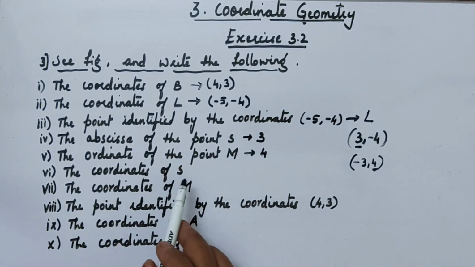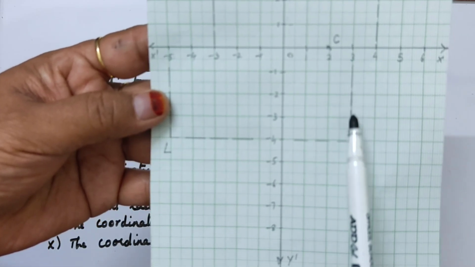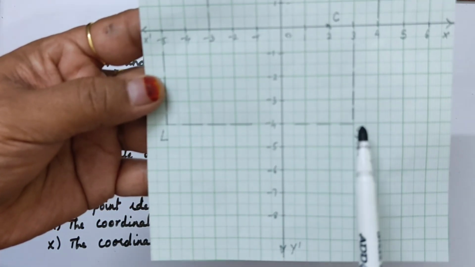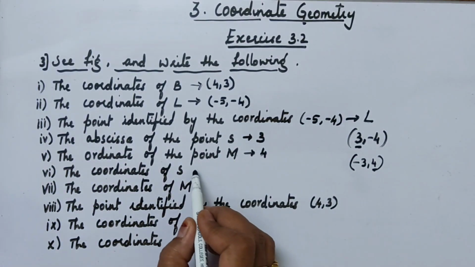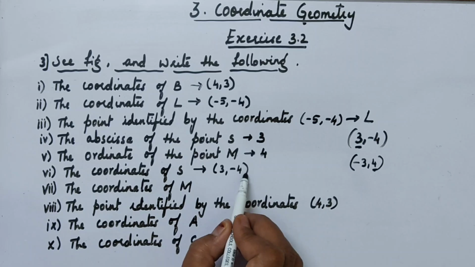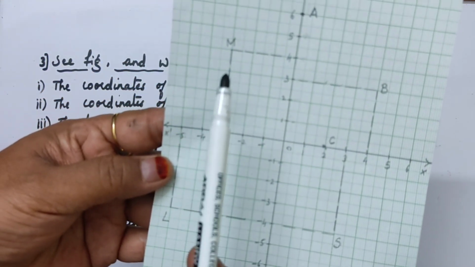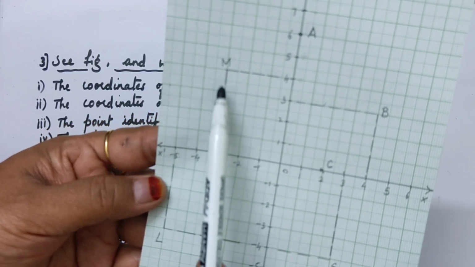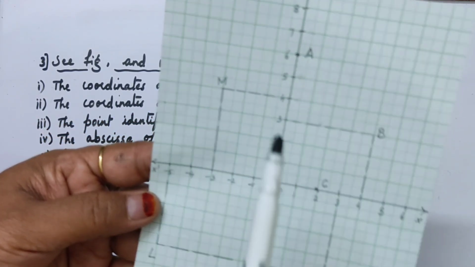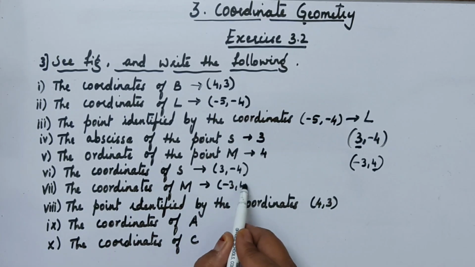The coordinates of S. X-axis, y-axis: 3, minus 4. The coordinates of M. X-axis, y-axis: minus 3, 4.